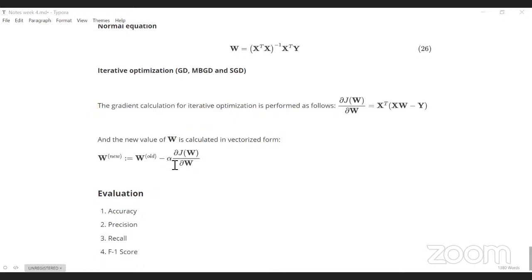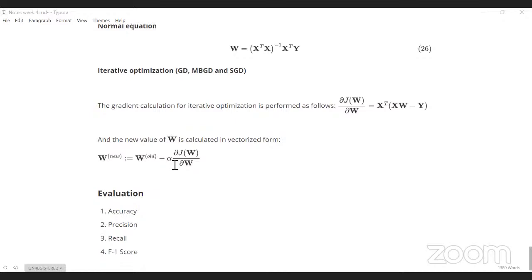For recall, we take the actual positives in the denominator. So it is the proportion of the actual positives that were predicted to be positive. That is going to be recall. And what is F1 score?